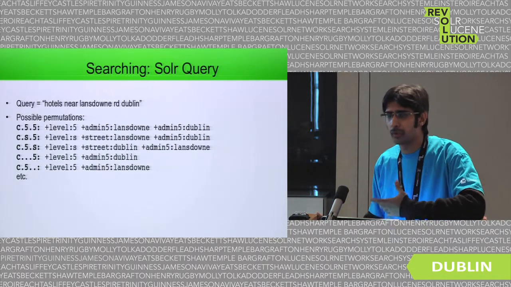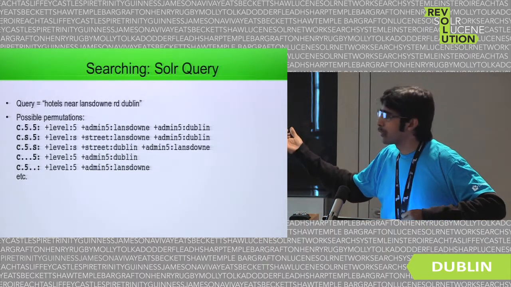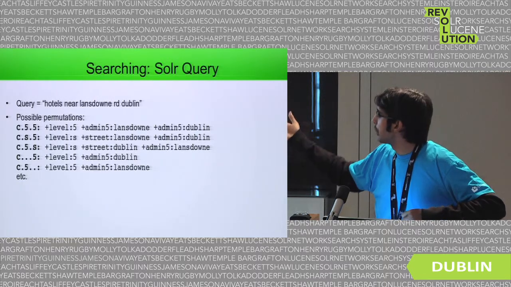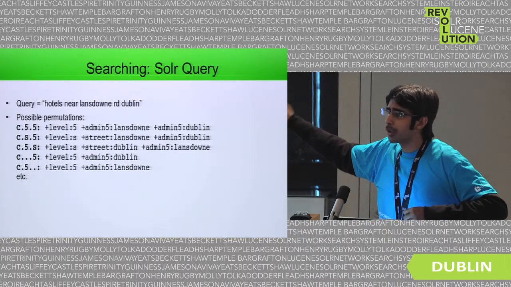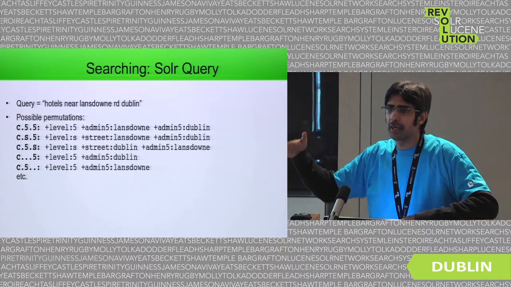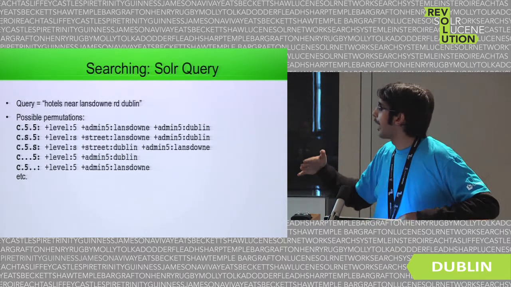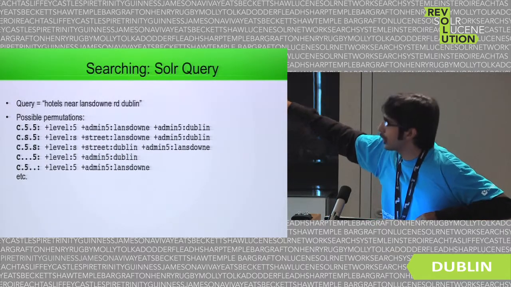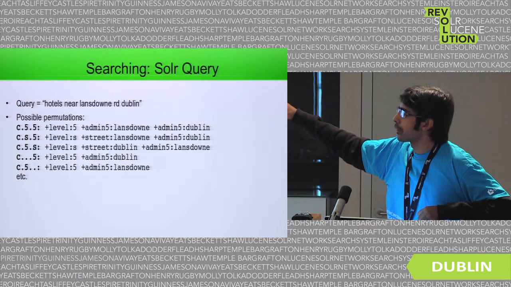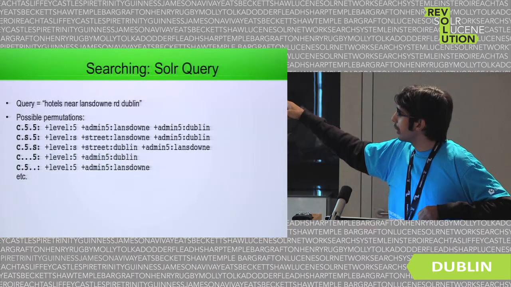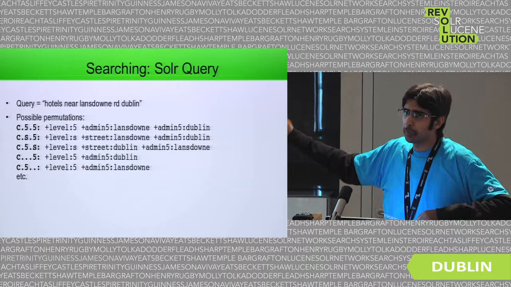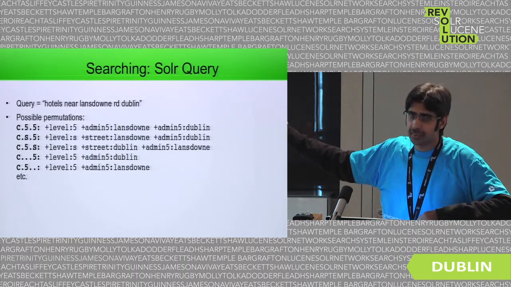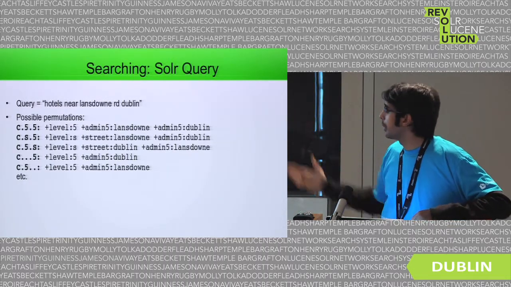the index structure, if you remember, has an admin 5 field, which will have either Lansdowne or Dublin. One record will have either Lansdowne or Dublin. And it's not possible for the first permutation to go through because it contains both the Boolean clauses, for Lansdowne being the city as well as Dublin being the city. And hence, this query will be invalidated.